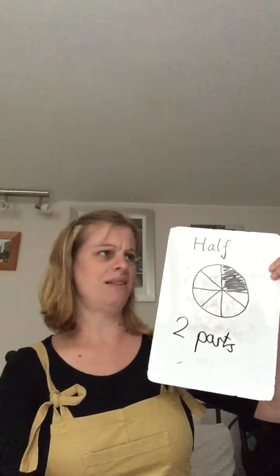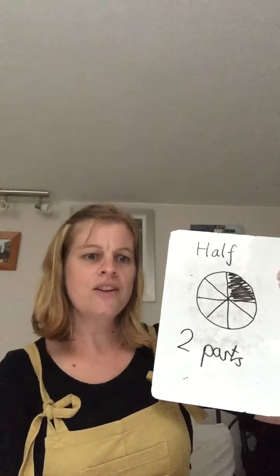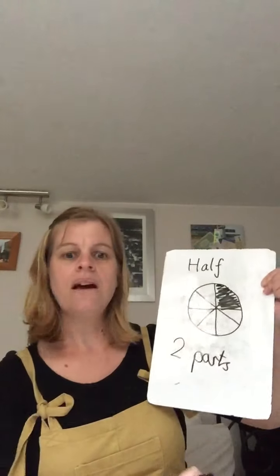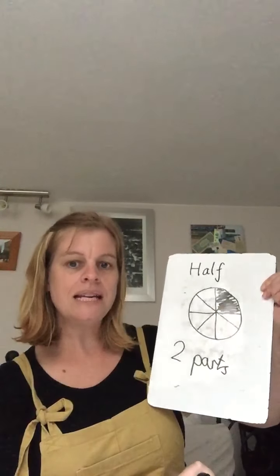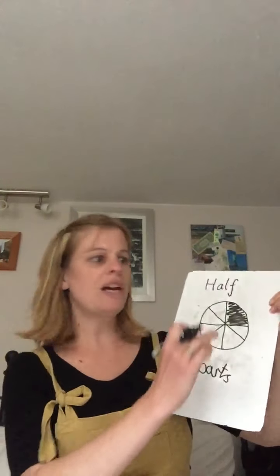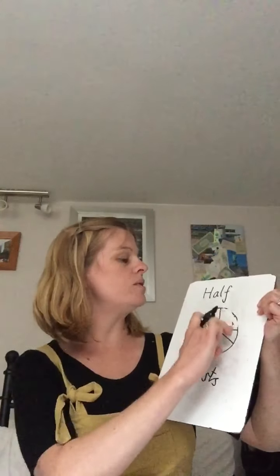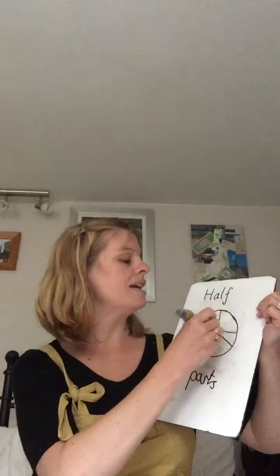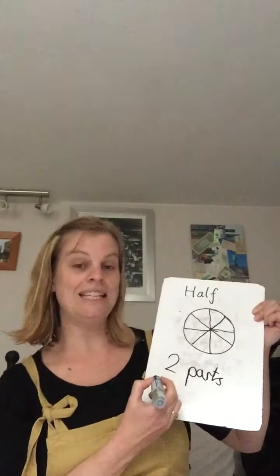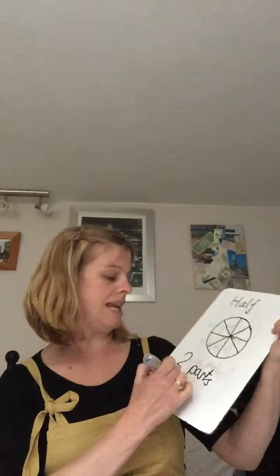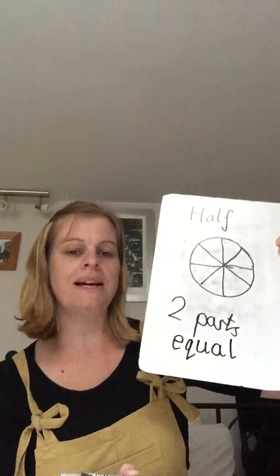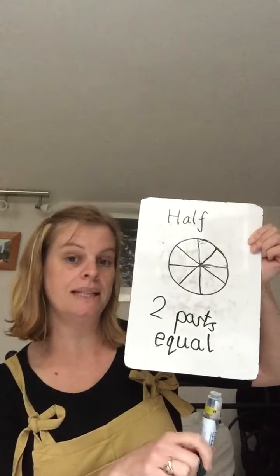You would say to me, that's not fair, Sarah. You've got lots and I have only got a tiny bit. So when we are finding half, the most important thing is that it's shared into 2 parts and each part is, is that really important word? We've looked at that word a lot this week in our maths, haven't we?